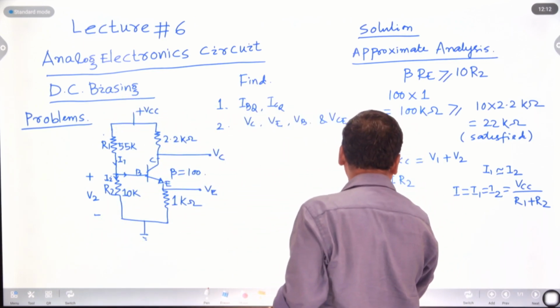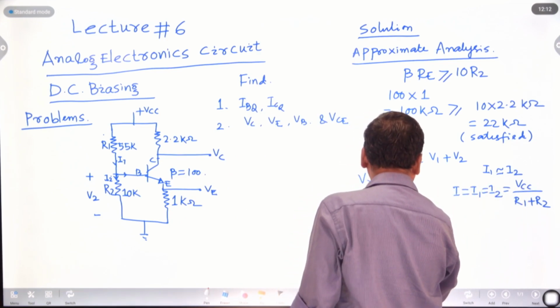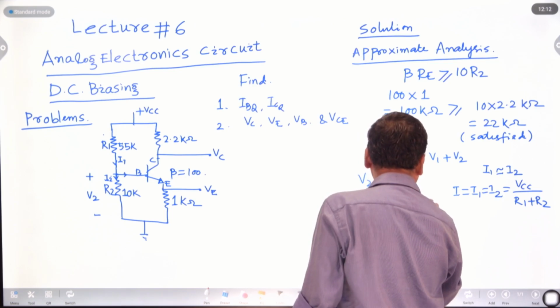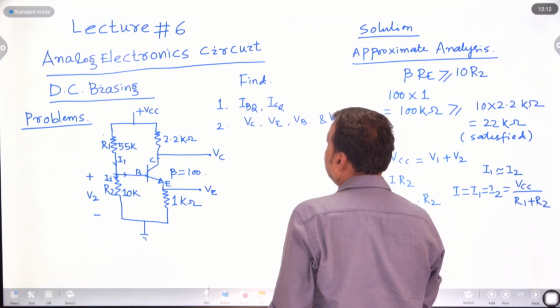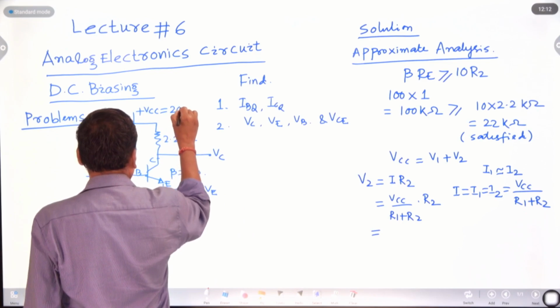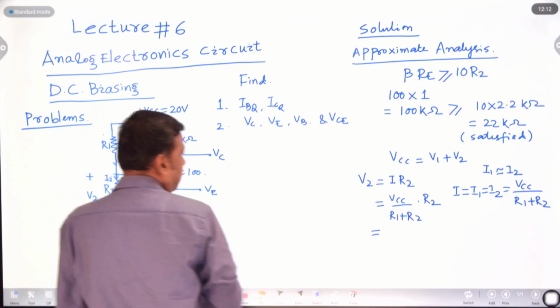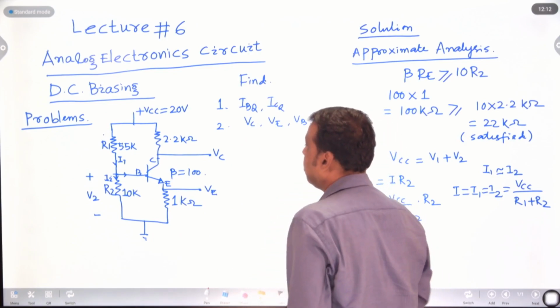And V2 is I into R2. The I value is VCC by R1 plus R2, whole into R2. Suppose VCC equals 20 volt is given. So 20 divided by R1 plus R2.